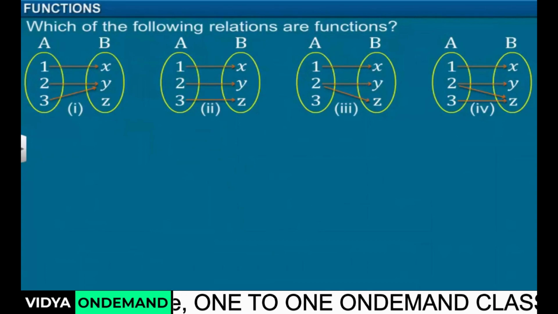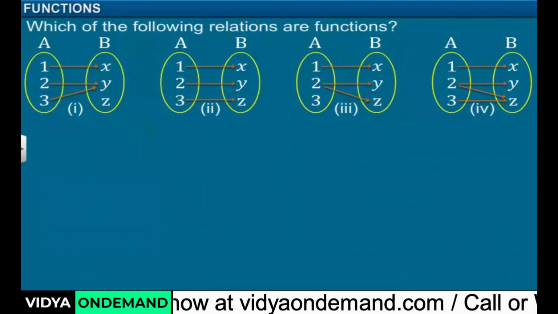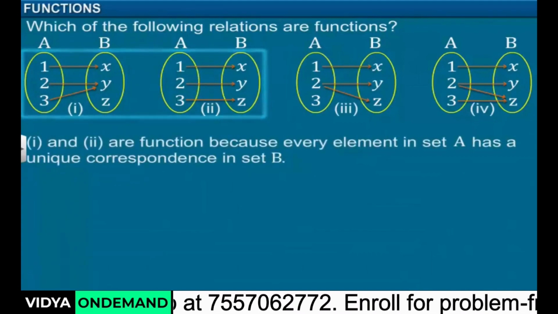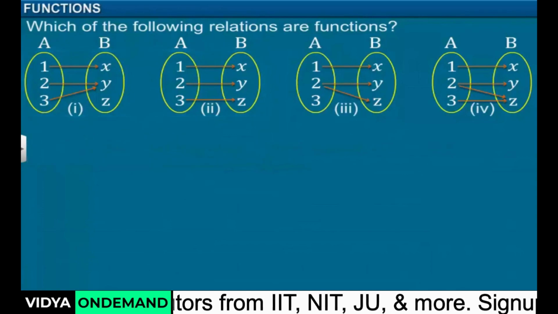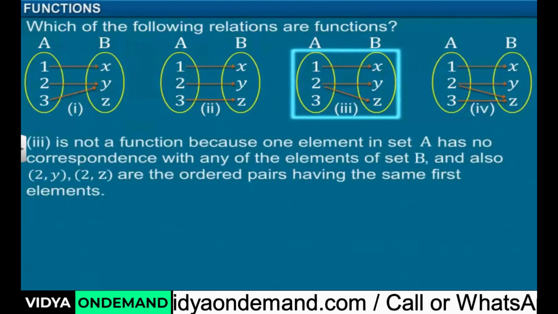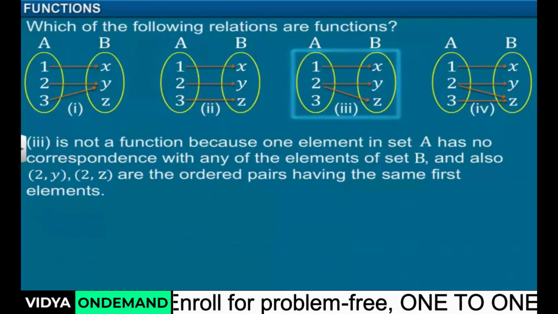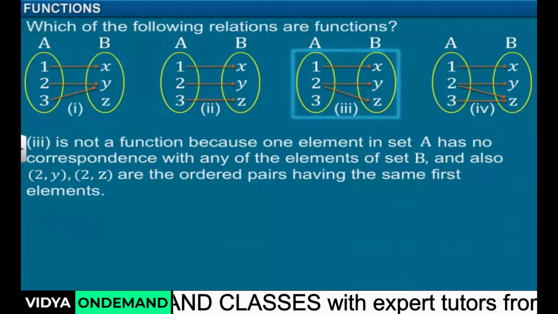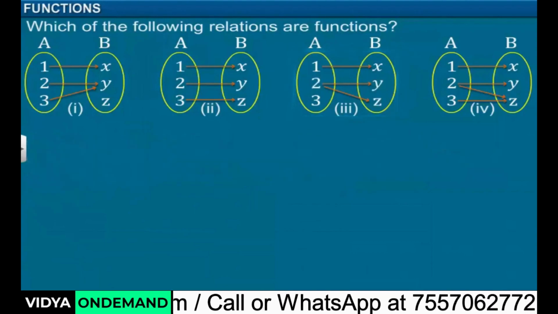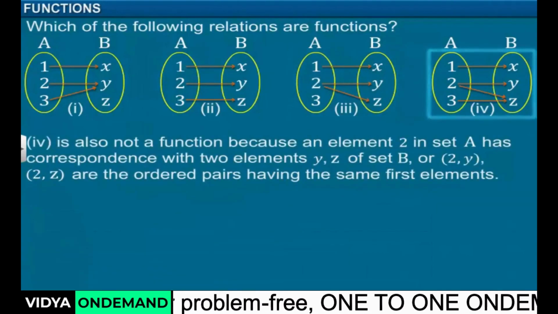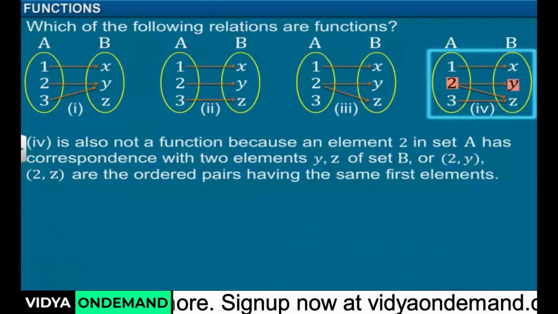In these examples, 1 and 2 are functions because every element in set A has a unique correspondence in set B. However, 3 is not a function because one element in set A has no correspondence with any of the elements of set B. And also, 2, y, 2, z are the ordered pairs having the same first elements. 4 is also not a function because an element 2 in set A has correspondence with two elements y and z of set B. Or 2, y, 2, z are the ordered pairs having the same first elements.